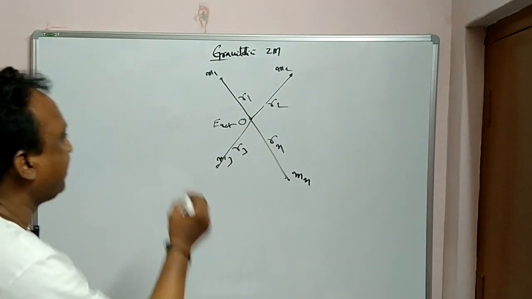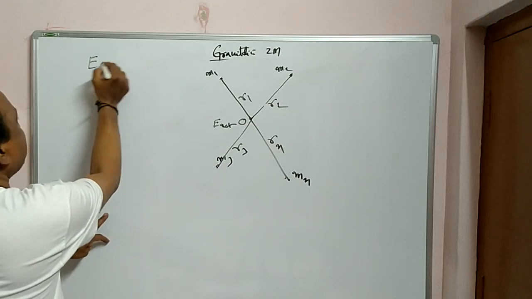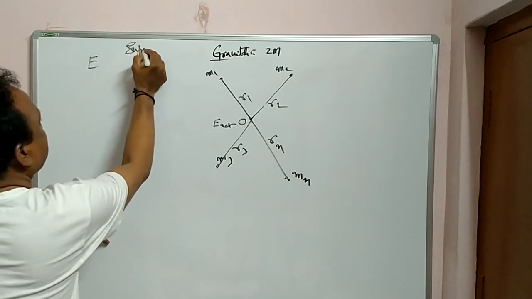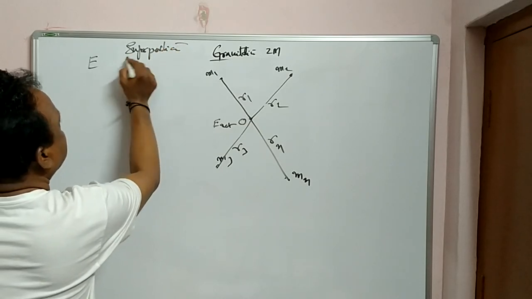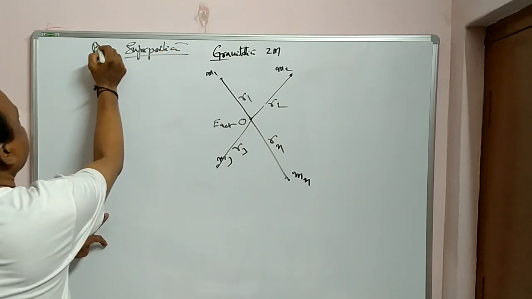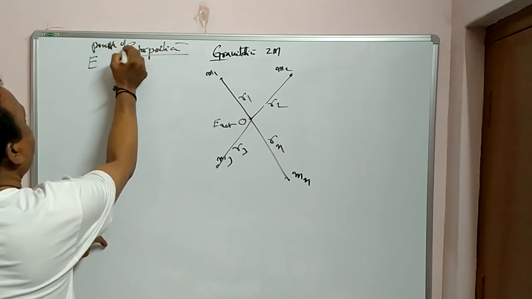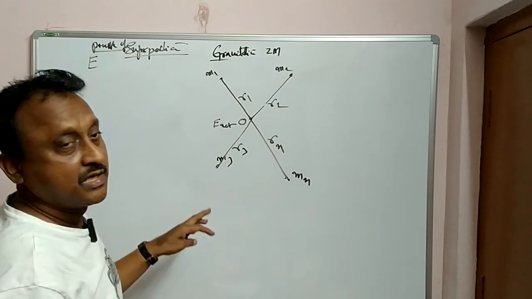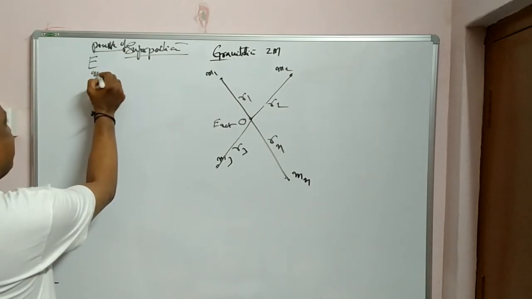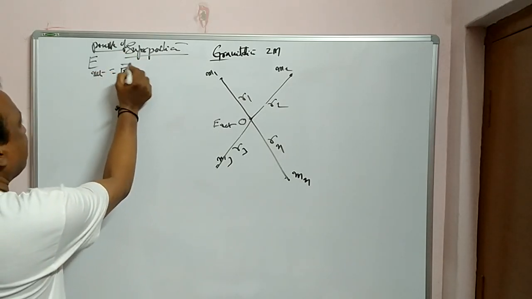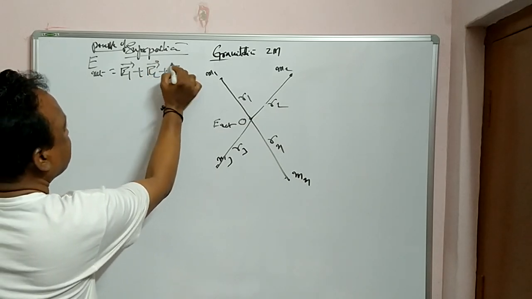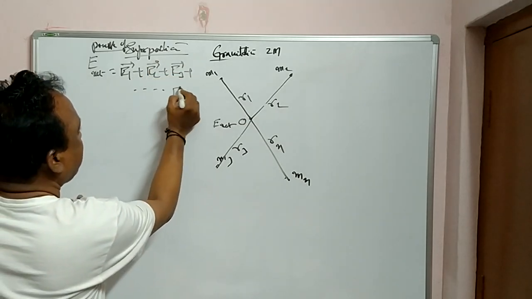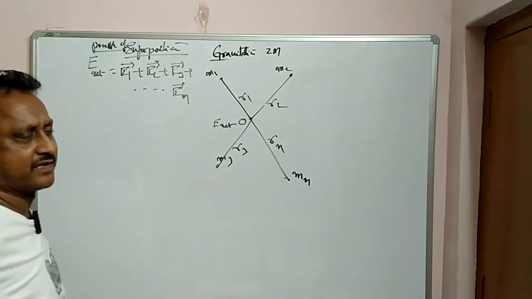That is nothing but the principle of superposition. E net is equal to E1 vector plus E2 vector plus E3 vector plus dot dot dot En vector.